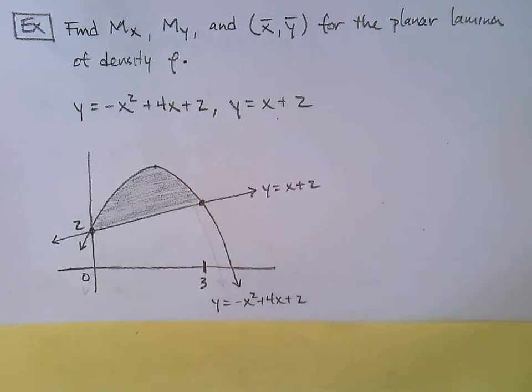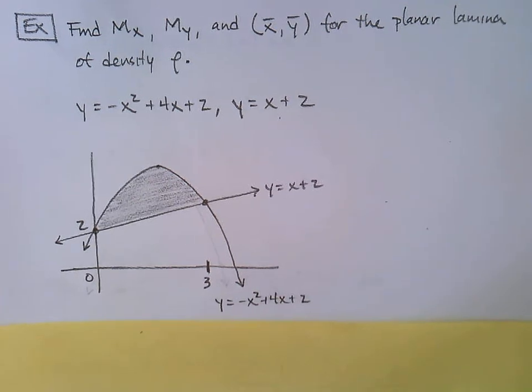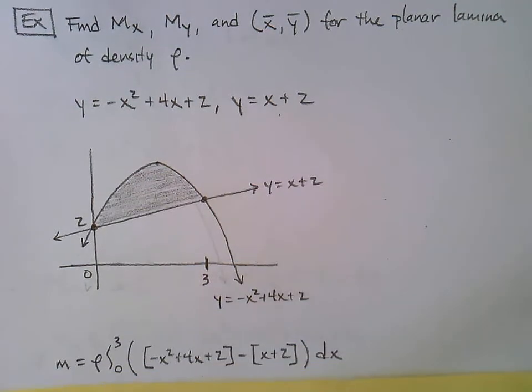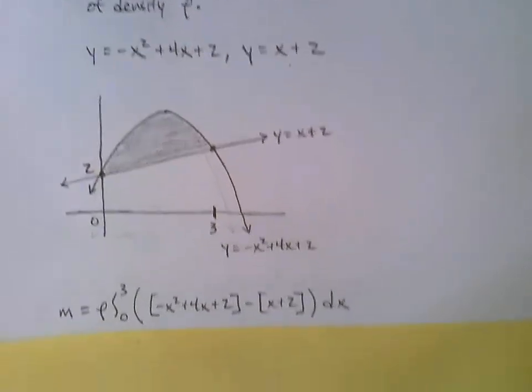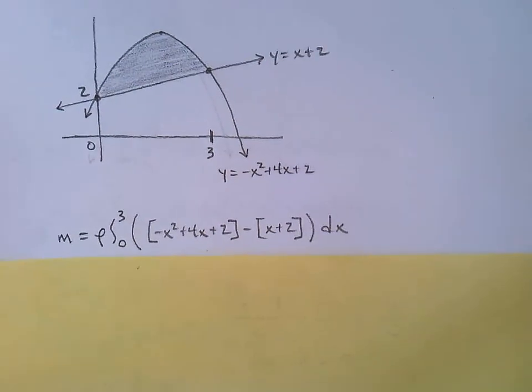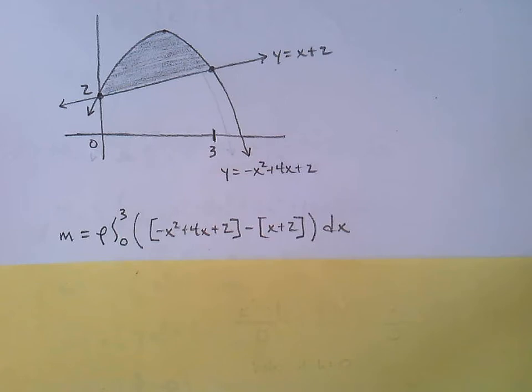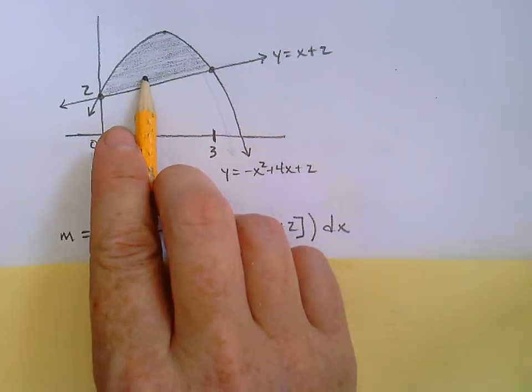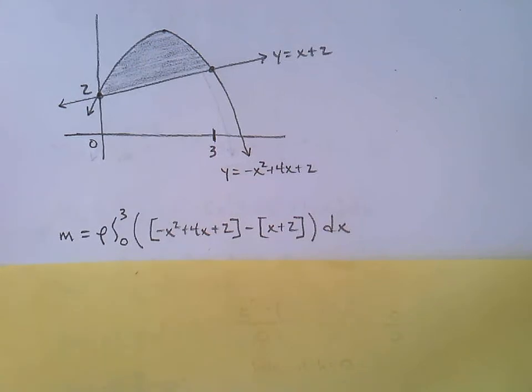Okay, so let's pick it up from here. Let's begin with the total mass M. All right, I'm just going to push it down a little bit. So how do we go about finding M here? Well, it's as simple as finding the area and then multiplying by rho out front.